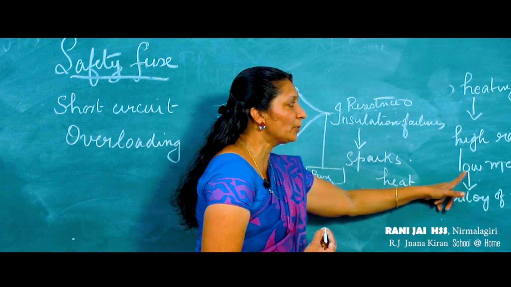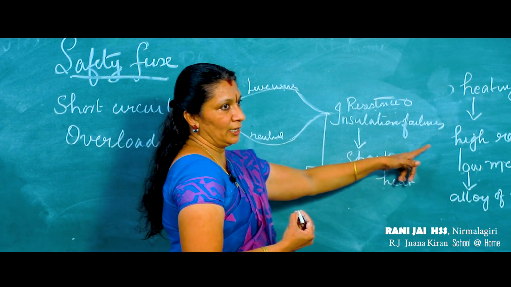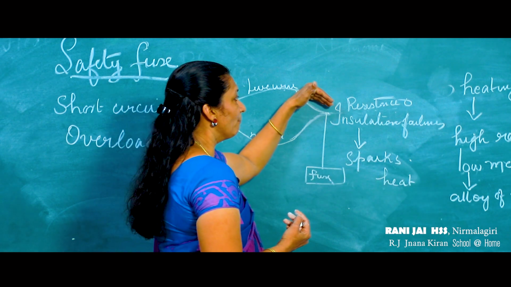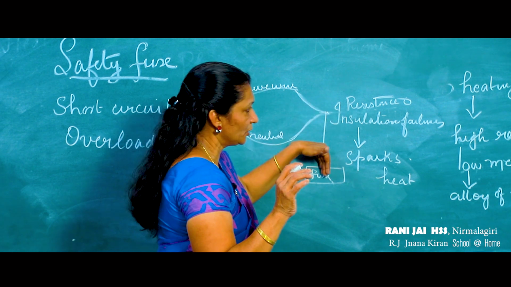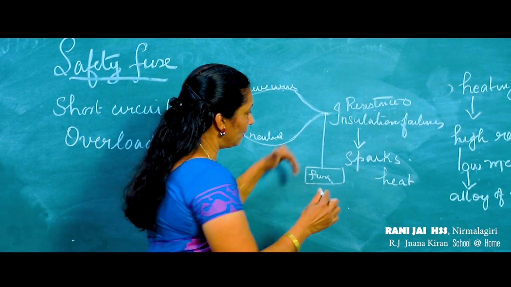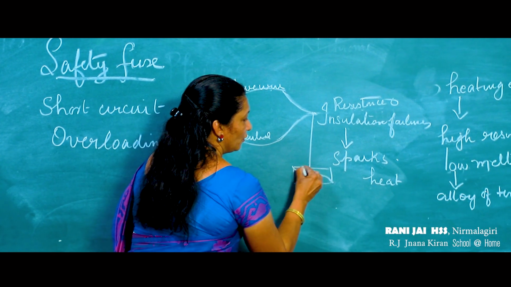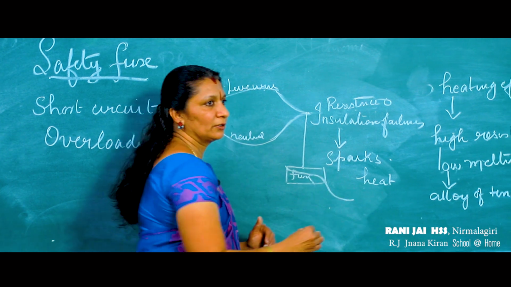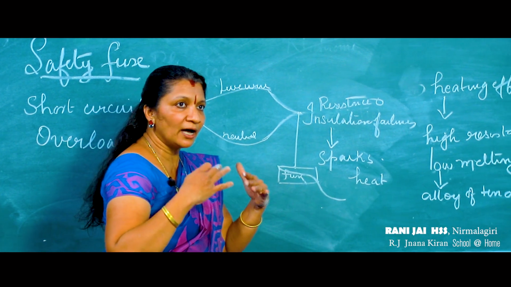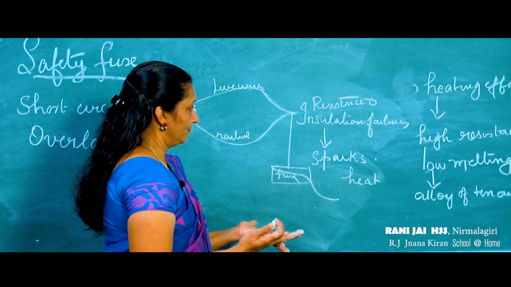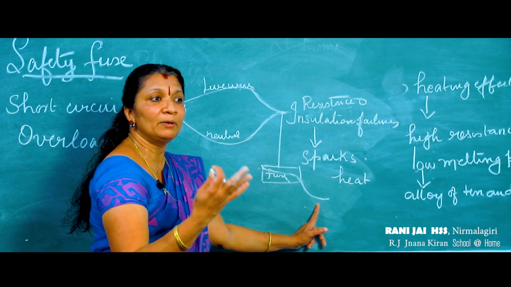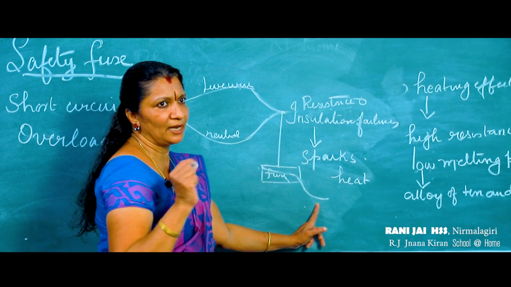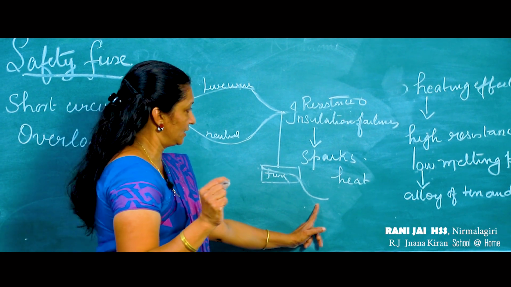Next thing what will be produced? Low melting point. Understood? If a certain amount of current is passing through it, what will happen? It will be passing through this fuse wire and going out. When a current is passing through any conductor, you know that heat will be transmitted. Very little amount of heat will be transmitted.